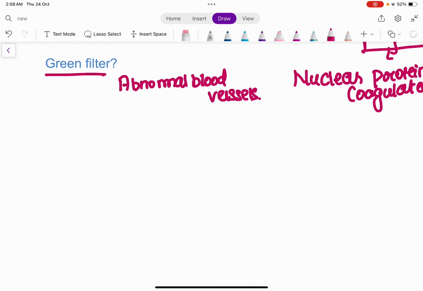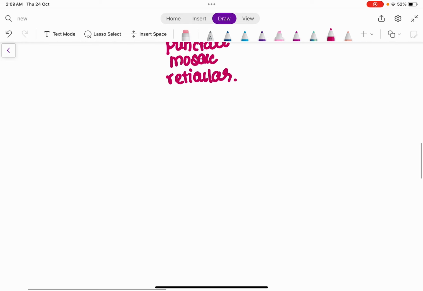These abnormal blood vessels could be punctate blood vessels, mosaic blood vessels, and they could also be reticular blood vessels. From these abnormal blood vessels, with the help of the green filter of the colposcope, you are going to take a biopsy as well. Is that clear? So this is all about the colposcopy guided biopsy.